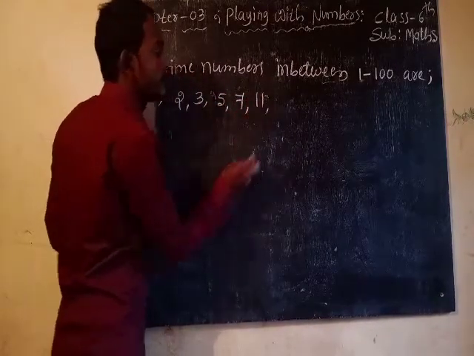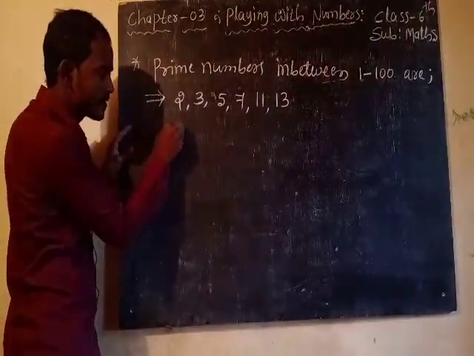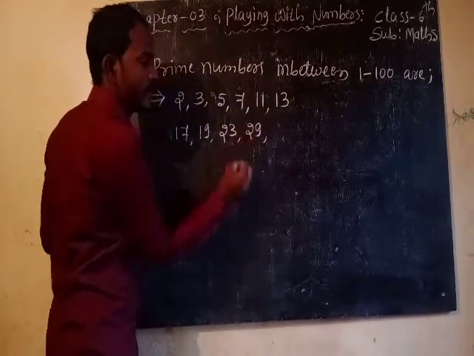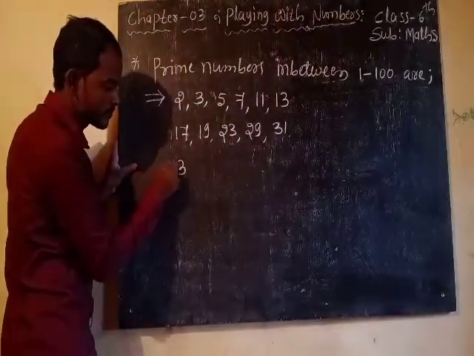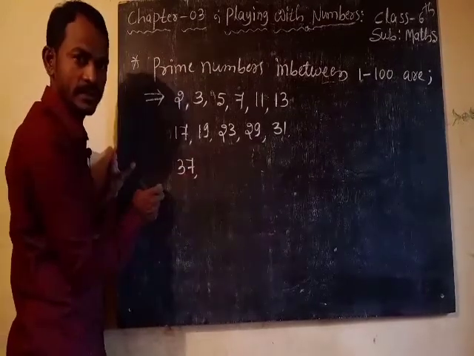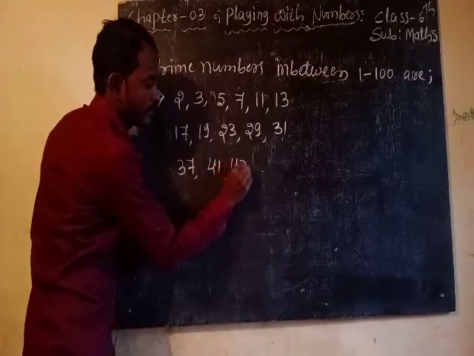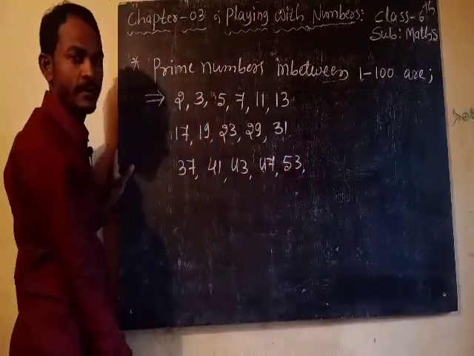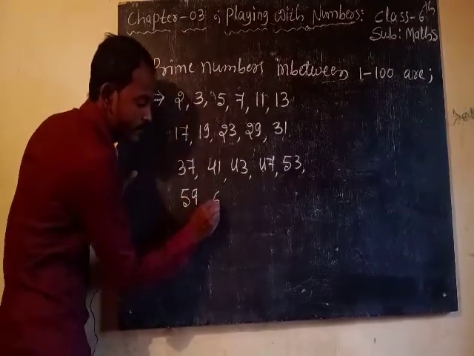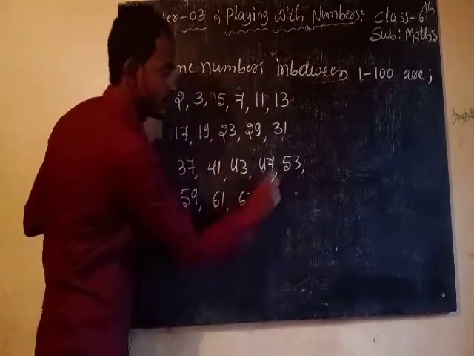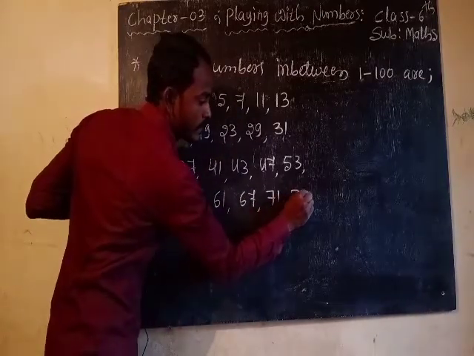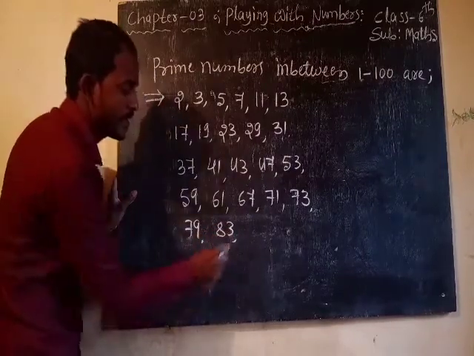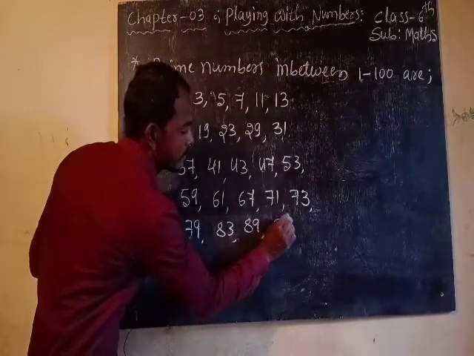The next ones are 5, 7, 11, 13, 17, 19, 23, 29, 31, after 31, 37, 41, 43, 47, 53, 59, 61, 67, 71, 73, 79, 83, 89, and the last one is 97.